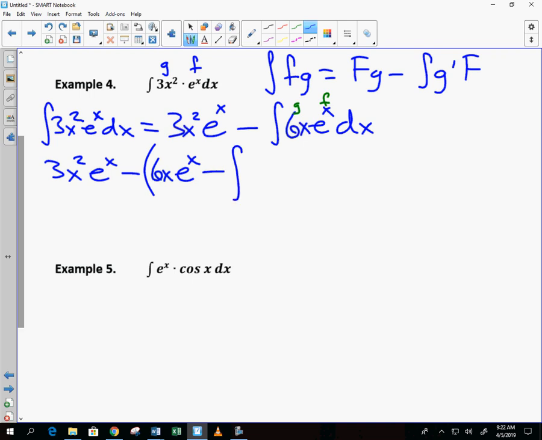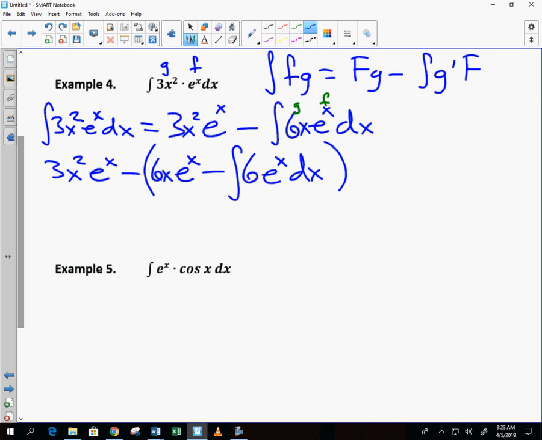Minus the integral of, what is g prime? 6 e to the x dx. I will explain. Because we don't know the antiderivative of 6x e to the x, we're going to have to use integration by parts again.